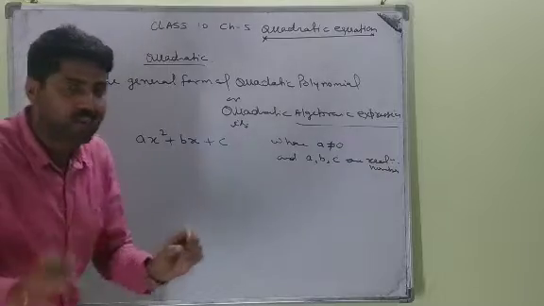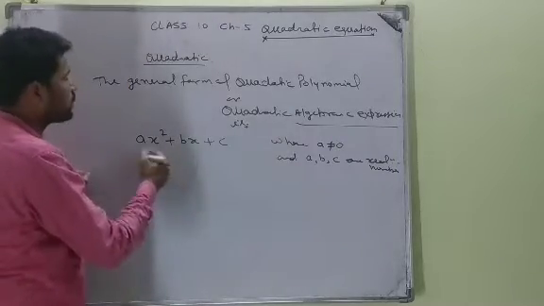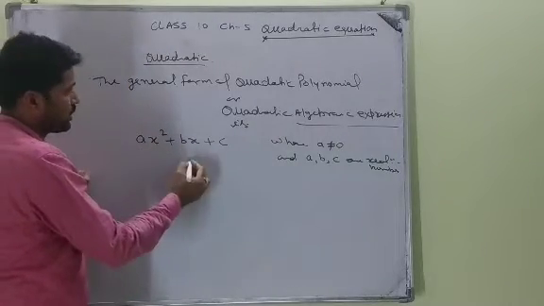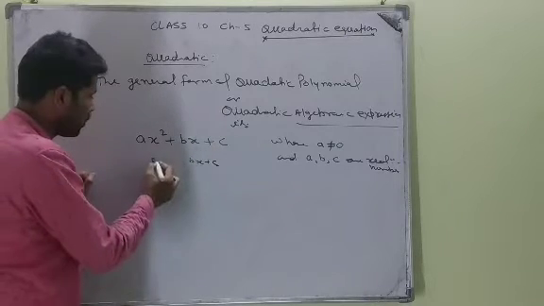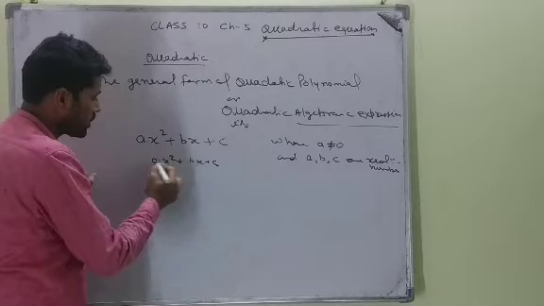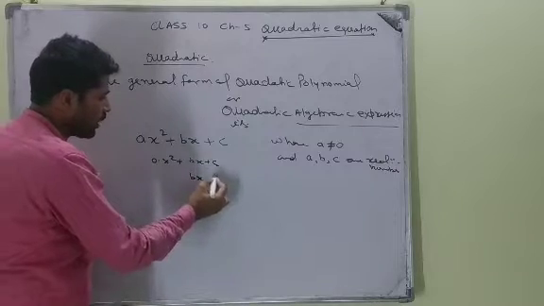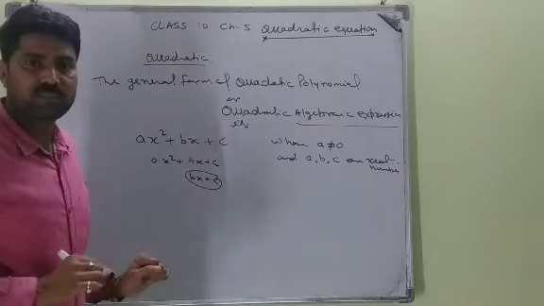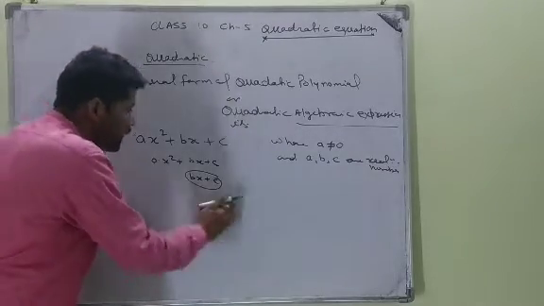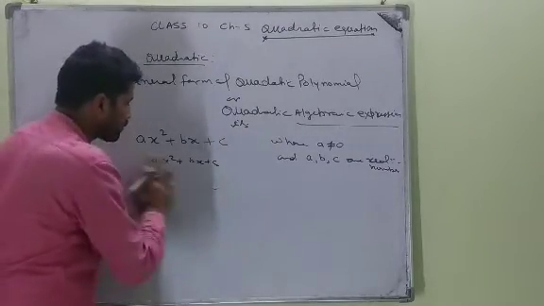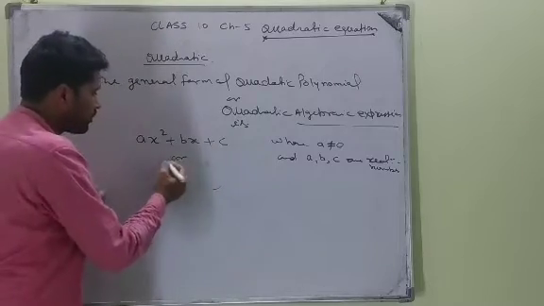Then this is not a quadratic. Suppose a is 0, then what do you get? 0 into x square is cancelled, so bx plus c. Students, this is linear. I am not talking about an equation here, this is a linear expression.